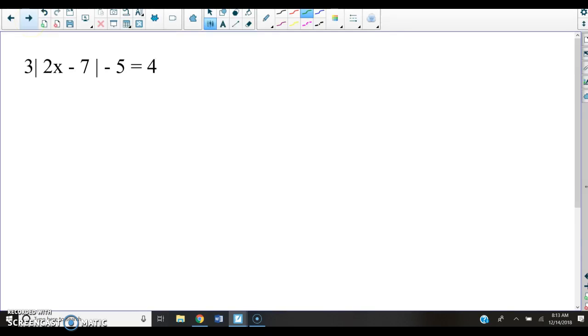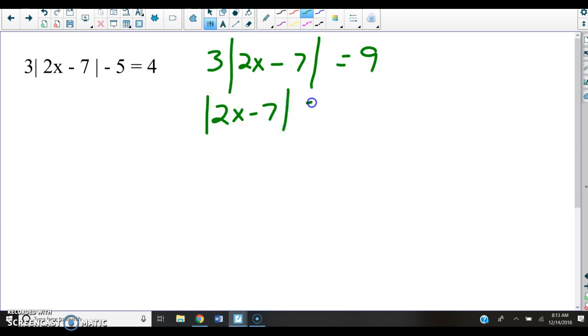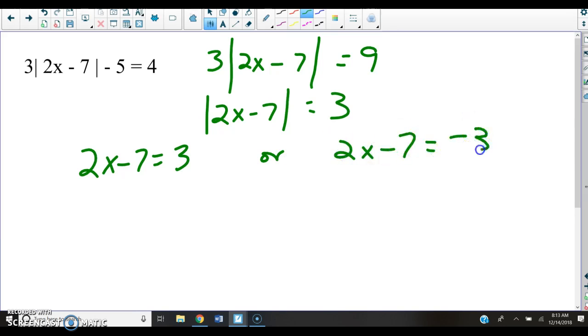Here's another one. When I add 5 to both sides, we get 9. Divide by the 3. And now I would split it into 2x minus 7 equals 3, or 2x minus 7 equals negative 3, and solve each one.